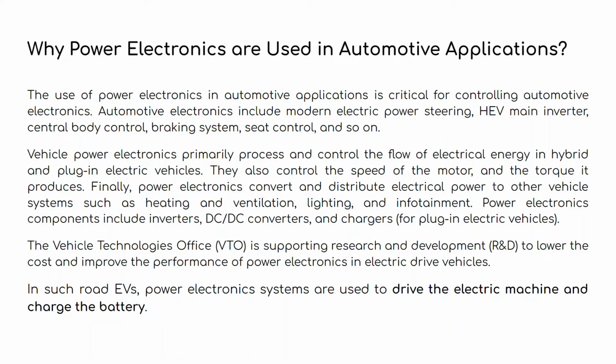The Vehicle Technologies Office, that is VTO, is supporting research and development to lower the cost and improve the performance of power electronics in electrical devices like electric drive vehicles. In such vehicles, power electronic systems are used to drive the electric machine and charge the battery.